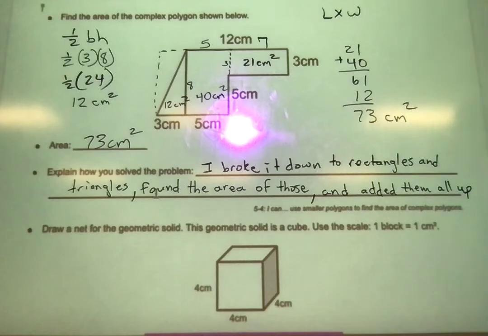Okay, so I broke it down to the rectangles and triangles, found the area of those, and then added them all up. Break down those complex figures into ones that we know and understand. So again, I'll pause the video here so you guys can get this written down if you're at home. Again, make sure you get this stuff written down and listen to the review.